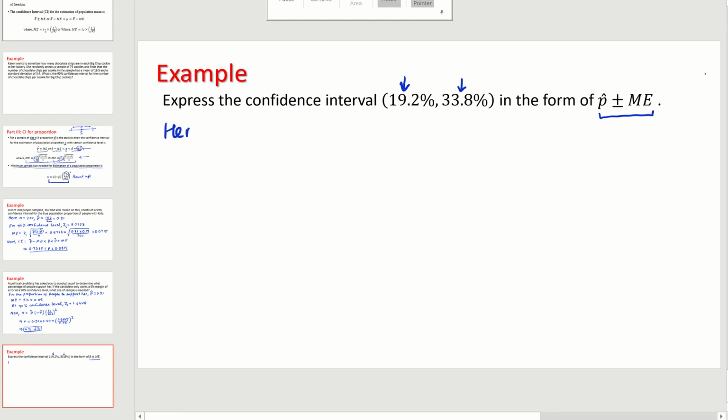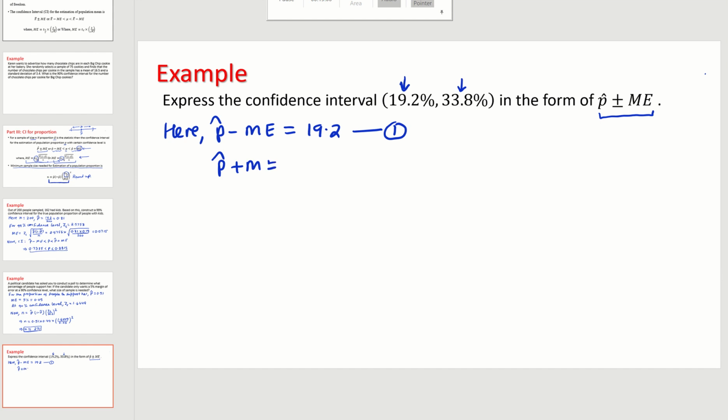So here p hat minus margin of error is equal to 19.2. Suppose that's my first equation. And then p hat plus margin of error will give you the upper bound for the interval, which is 33.8. Equation 2. We need to solve this system of equations to find p hat and margin of error first.